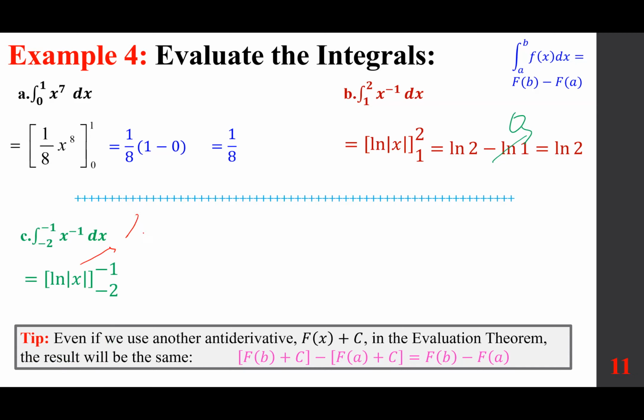You're going to put ln of the absolute value of -1 minus ln of the absolute value of -2. If you don't, ln of -1 and ln of -2 are undefined. They don't exist. So this is ln 1 minus ln 2. And as you know, ln 1 is 0. So the answer is minus ln 2.